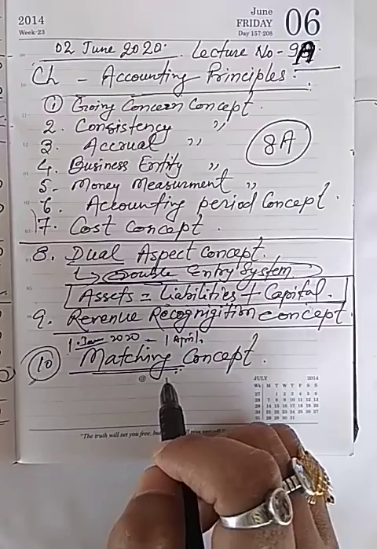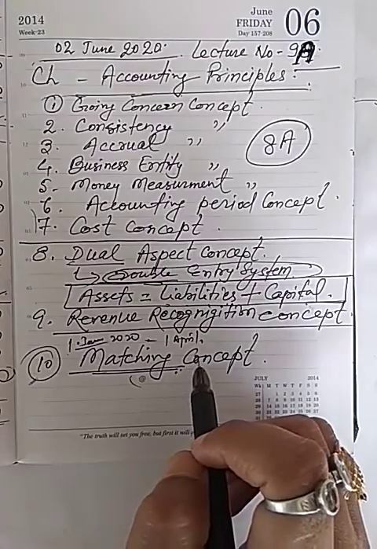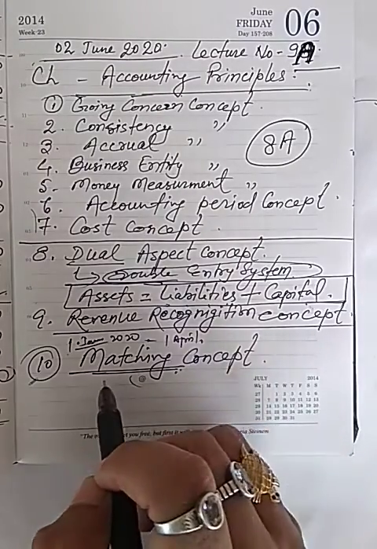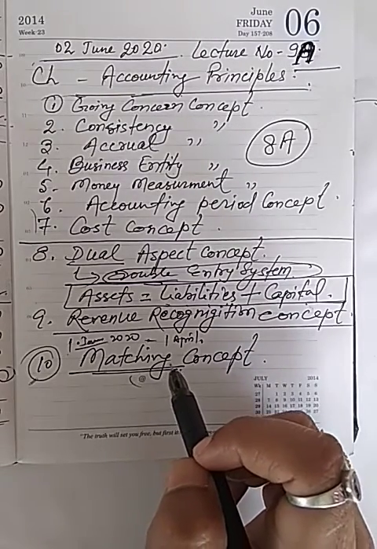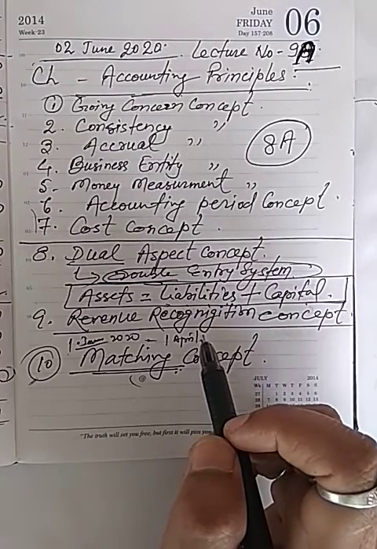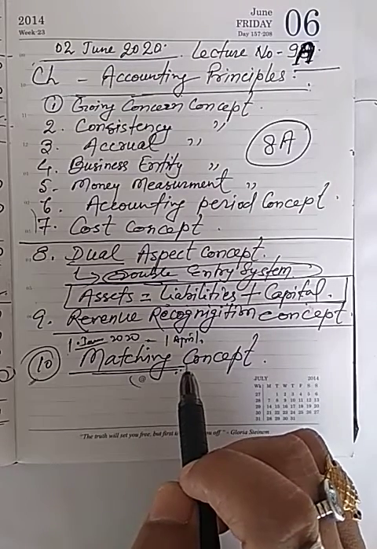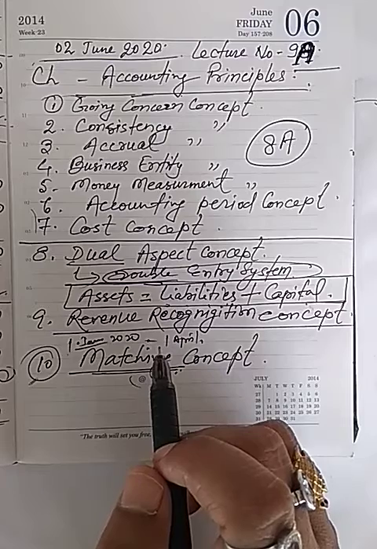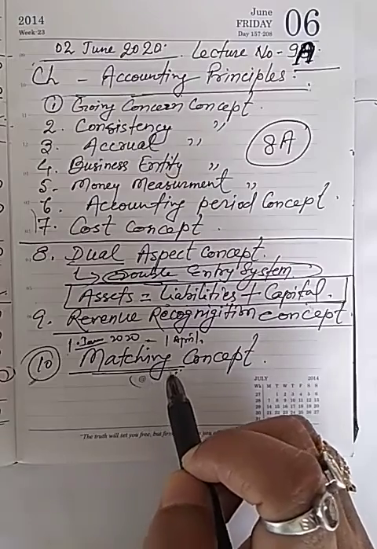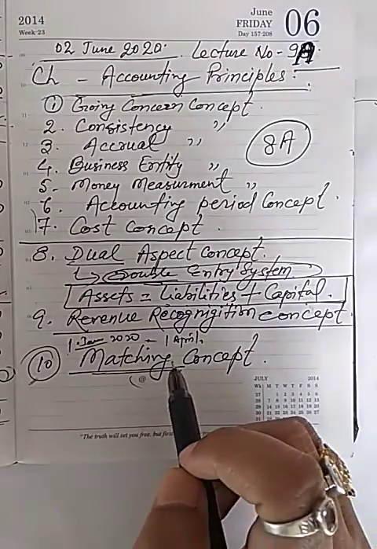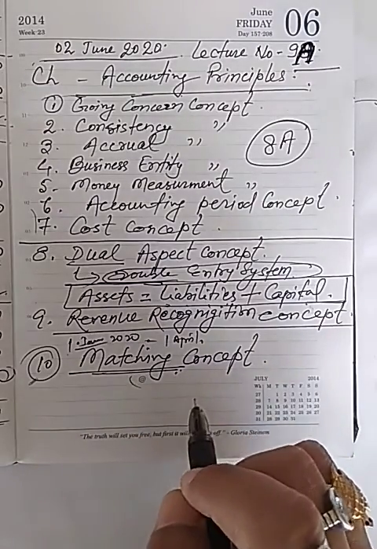For matching cost with revenue, first, revenue should be recognized and then the cost incurred for generating that revenue should be recognized. Income receivable must be added to revenues and income received in advance must be deducted from revenue.